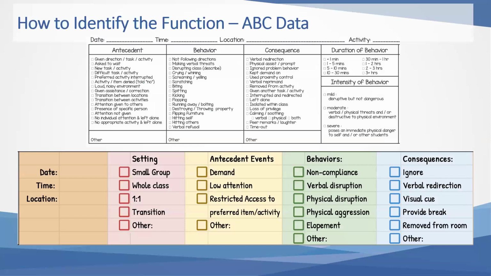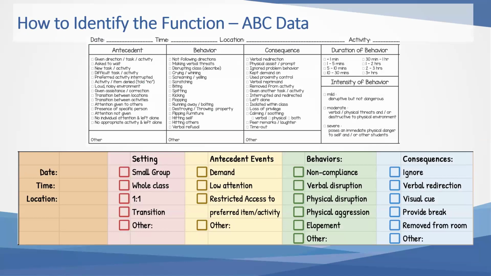So when we are doing direct observations, a lot of the time we rely on ABC data. I am sure you guys have heard of this before, but these are just some examples of what those ABC data sheets look like. There's also blank free response ones, but the idea here is to really narrow down what is going on. In the top one, you have the antecedent, so anything that happens before the behavior.